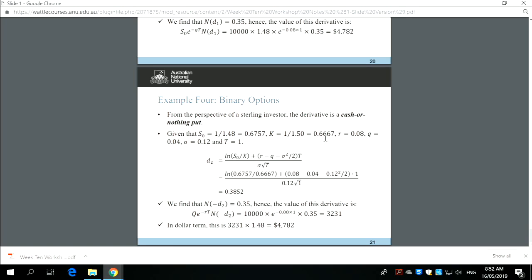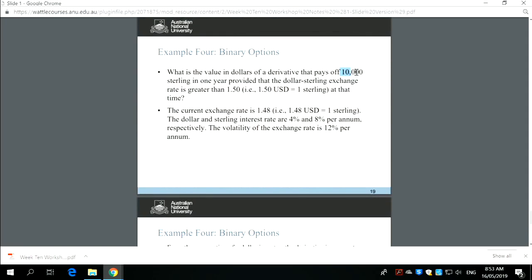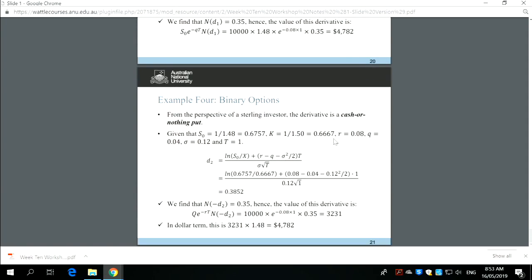So it's safe to say that from the sterling investor's point of view, this derivative is a cash-or-nothing put, because the investor will be paid a fixed amount of sterling. And we know how to value put options.